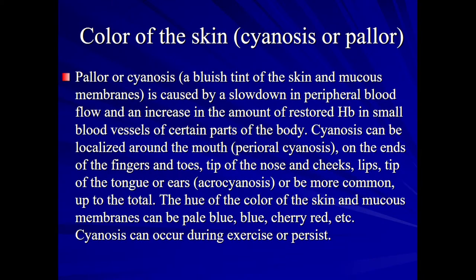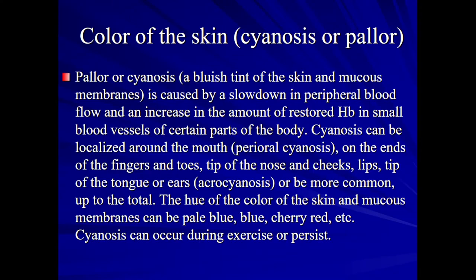Color of skin, cyanosis or pallor, is caused by a slowdown of peripheral blood flow and an increase in the amount of reduced hemoglobin in small blood vessels in certain parts of the body.